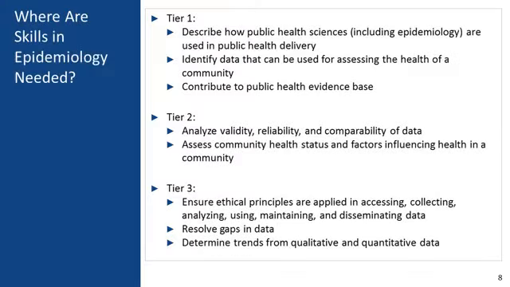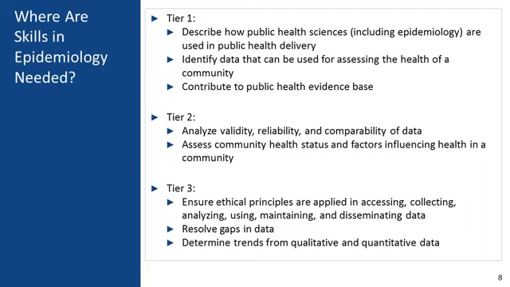So what are the skills related to epidemiology that are required to achieve the core competencies put forth by the Public Health Foundation? Some of the examples that I pulled from the assessment tool are as follows. For Tier 1 staff, individuals should know how to describe how public health sciences, including epidemiology, are used in the delivery of public health, to identify data that can be used for assessing the health of a community, and to contribute to the public health evidence base.